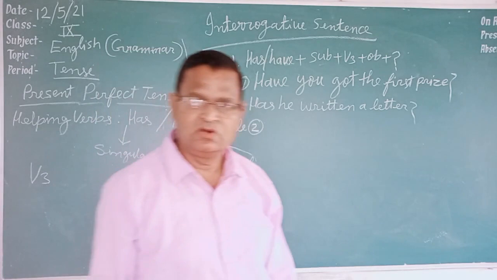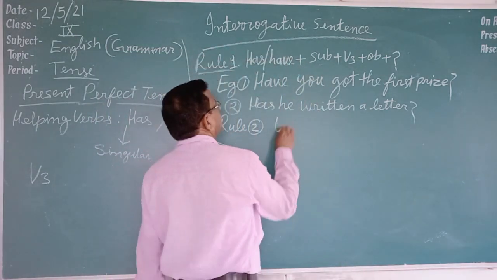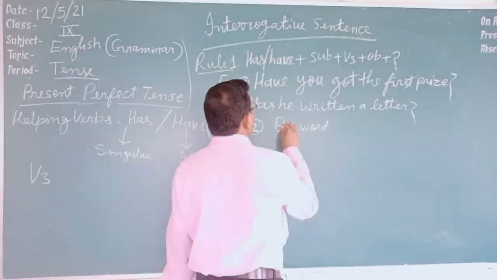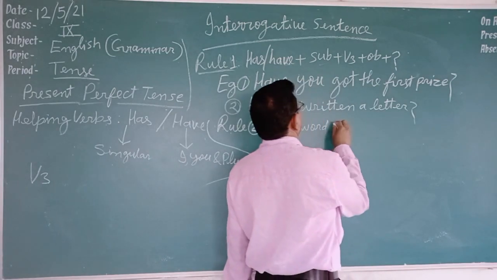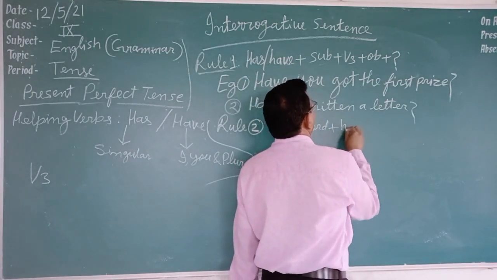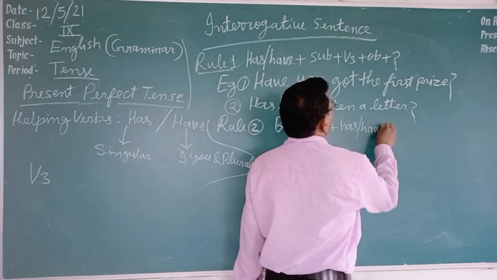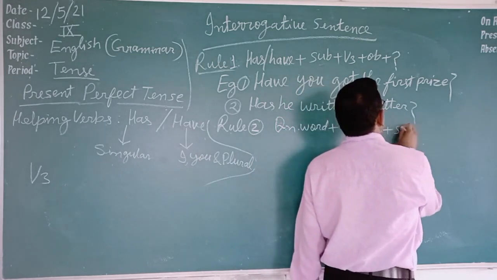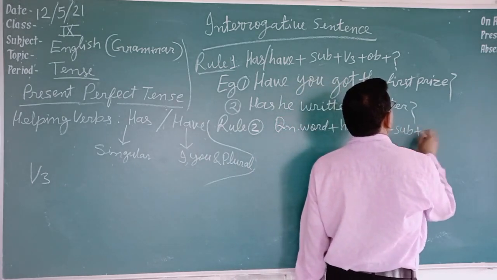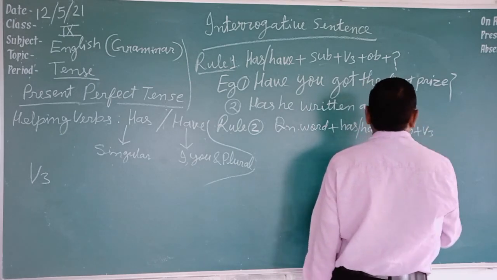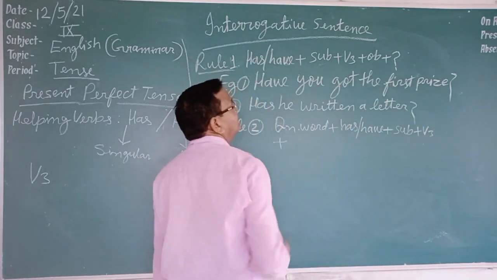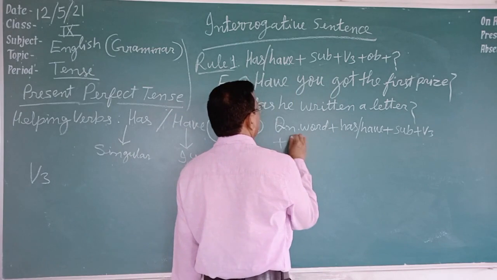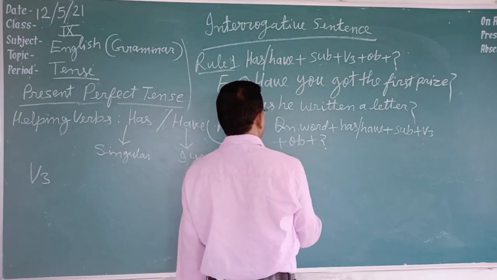When a sentence starts with a question word, first of all we write the question word, plus has or have, plus subject, plus verb third form, plus object, plus question mark.